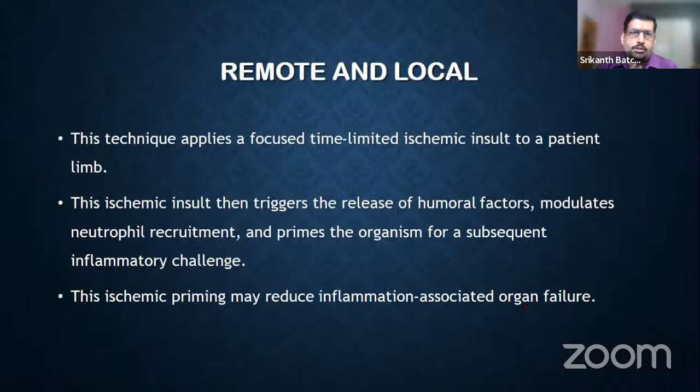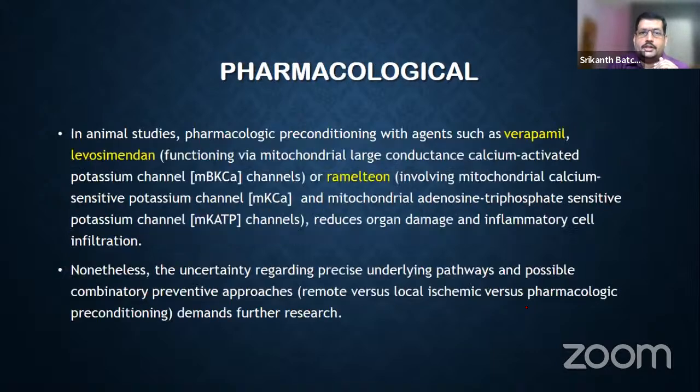For remote and local, the technique applies a focused, time-limited ischemic insult to a patient's limb. This triggers the release of humoral factors, modulates neutrophil recruitment, and primes the organism for a subsequent inflammatory challenge. This ischemic priming may reduce inflammation-associated organ failure. That's the technique followed in ischemic preconditioning.